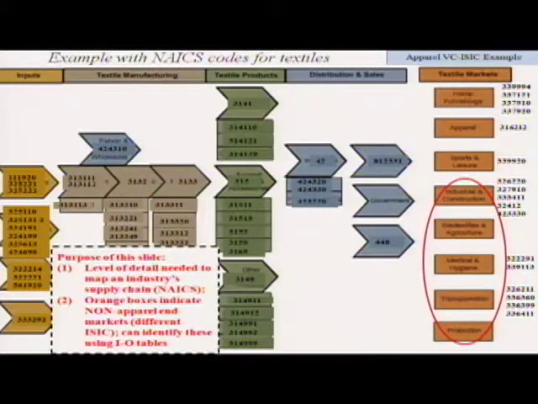But I want to point out something in the last column called the textile markets. It's really important in these industries to realize that this kind of a value chain map, it's really talking about market structures and how market structures evolve. When you think about the traditional textile value chain, textiles had 3 main end markets.